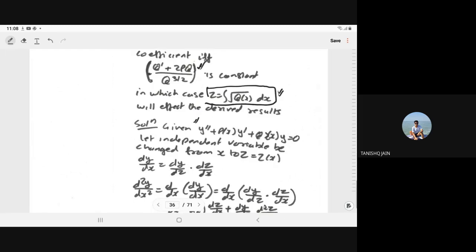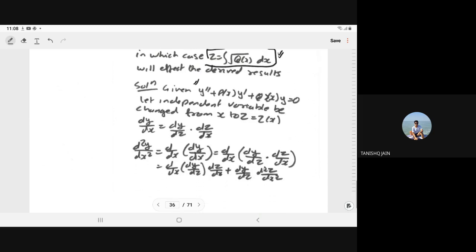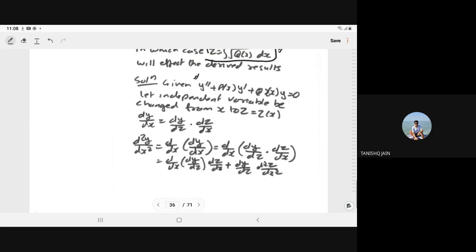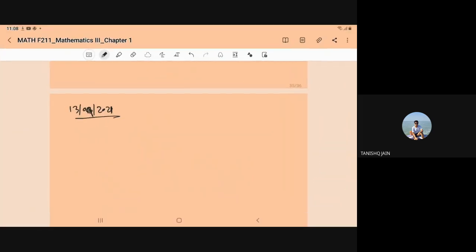So you know that if you have to compute dy/dx, it can be written as dy/dz times dz/dx, because z is a function of x. Here we can write dz/dx easily.